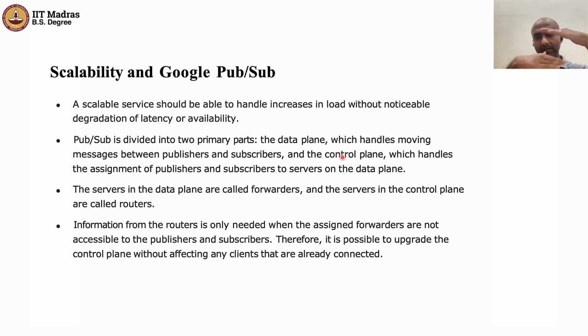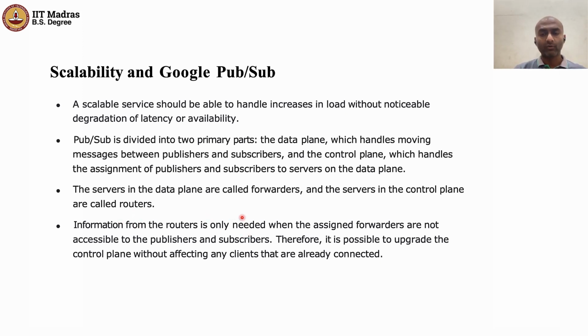So these are 2 different planes operating independently of each other. But they have obviously cross-cutting lines, right? So the servers that are there in the data plane, they are called forwarders. The servers in the control plane are called routers. So the routers are responsible for ensuring that the right message control, right message passing happens, but the actual message itself is forwarded by the forwarders.